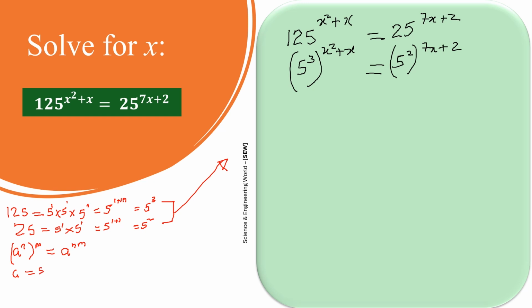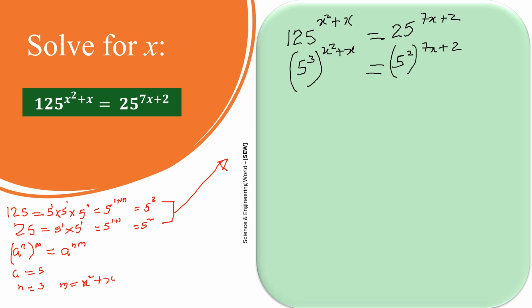On the left hand side, n equals 3 and m equals x squared plus x.